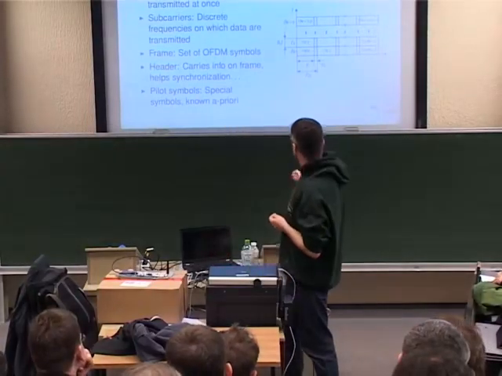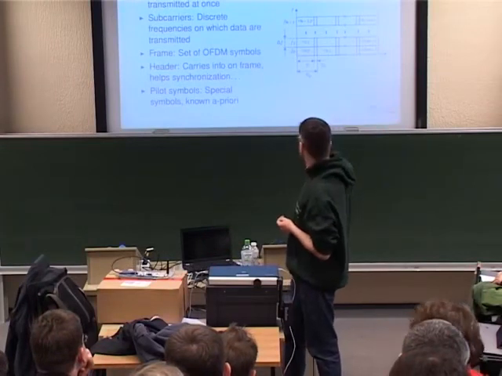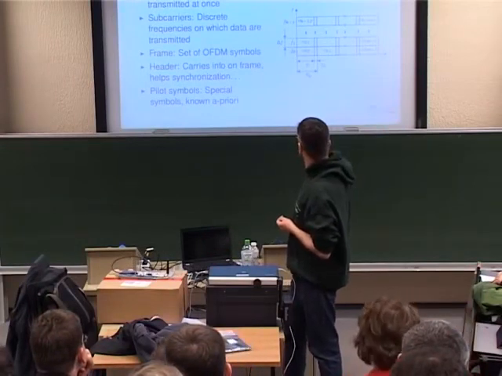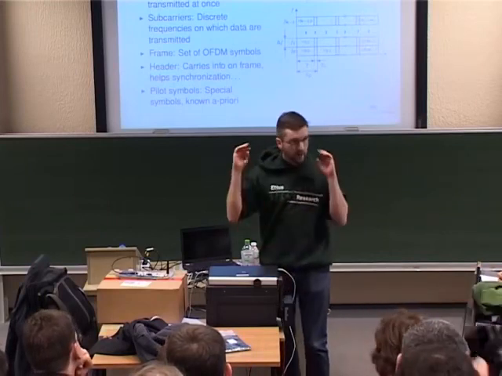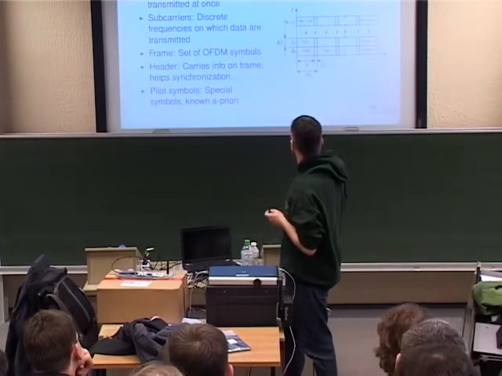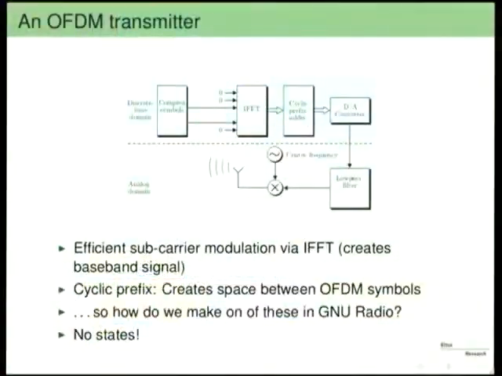And when I talk about OFDM symbols, I'm talking about symbols transmitted at the same time. When I'm talking about subcarriers, I'm talking about this narrowband transmission on one frequency. When I'm talking about a frame, that's a set of OFDM symbols. This is a textbook representation of an OFDM transmitter. I guess there should be an arrow here that says something like bits.